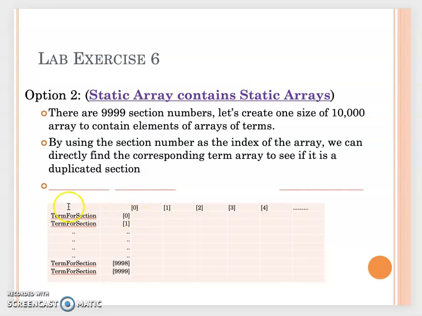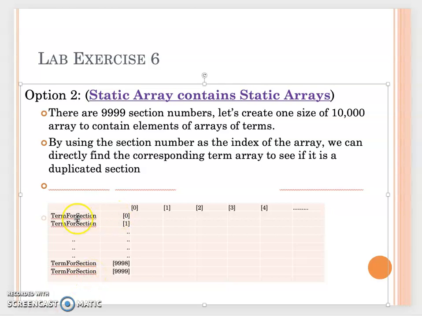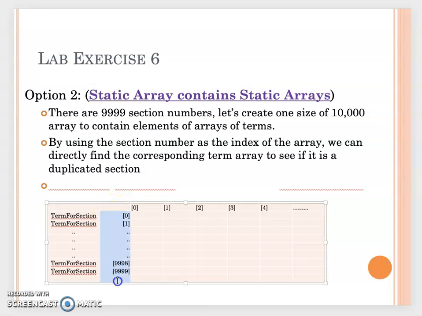So this is how the two-dimensional array will look. This dimension is the section, so it starts from 0 to 9999, so the total is 10,000. So one size is 10,000.